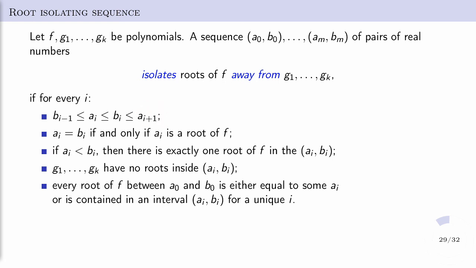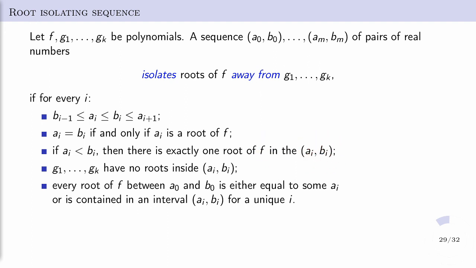And more important, this is an improper interval, so ai equals bi if and only if this is actually a root of f. Otherwise, if ai is strictly less than bi, then exactly one root of f is inside this interval.